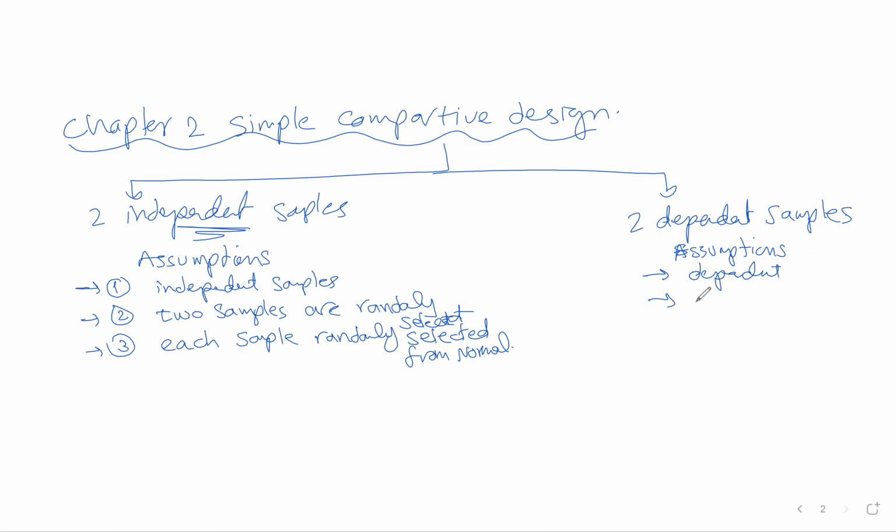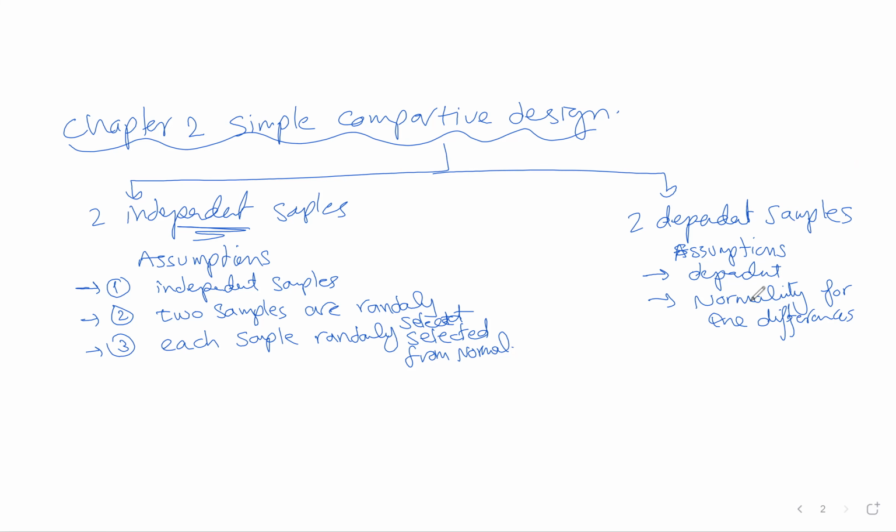The second assumption is normality, but not for each sample; normality for the differences between the two samples.